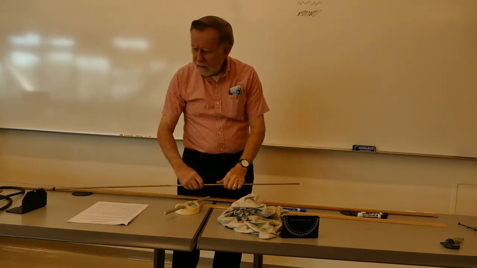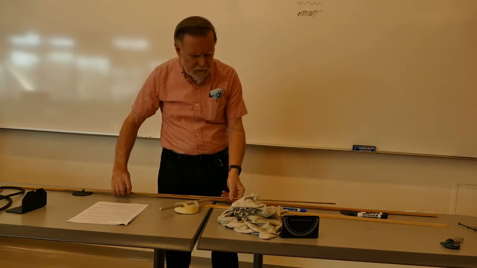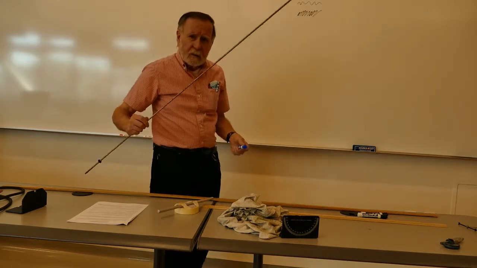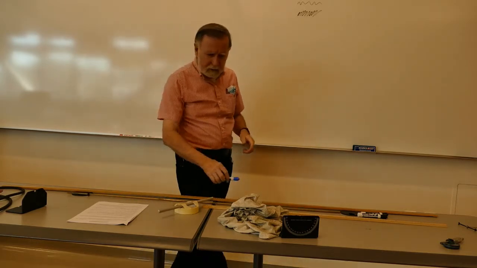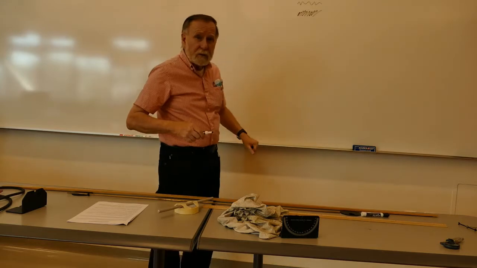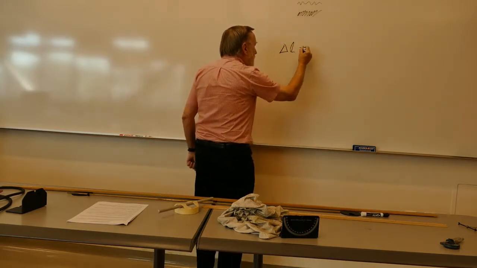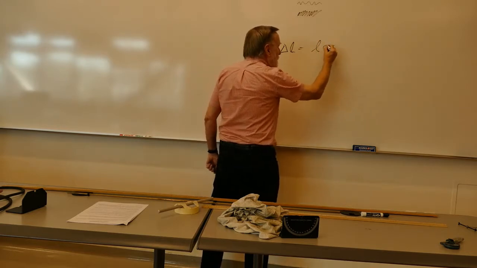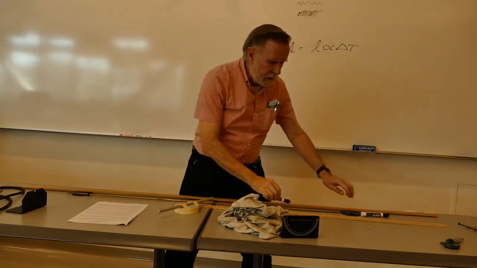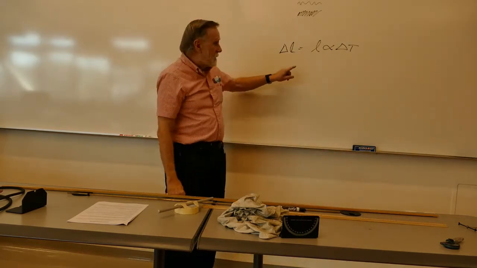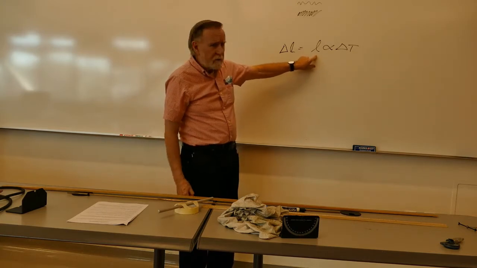The goal of today's lab is to actually measure the coefficient of thermal expansion of a brass tube and also an aluminum tube. The formula for thermal expansion is delta L equals initial L times alpha delta T. So we know that the amount something expands, its change in length, is proportional to its initial length.